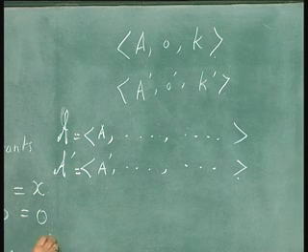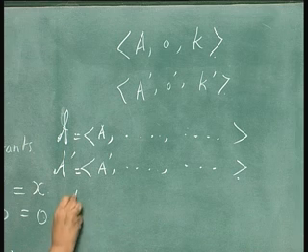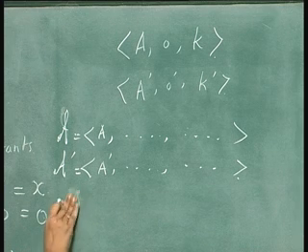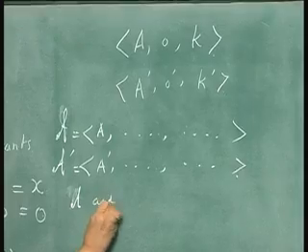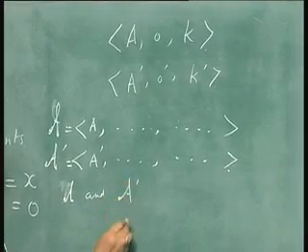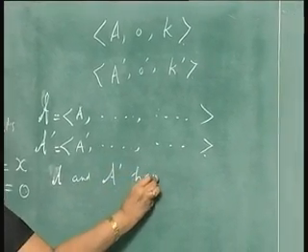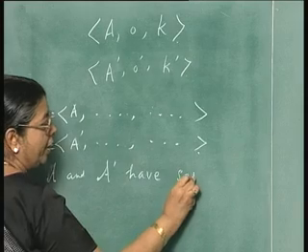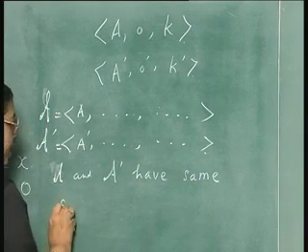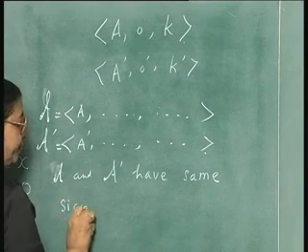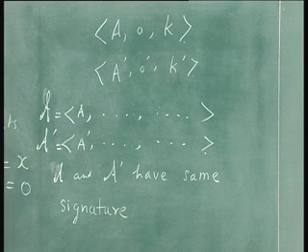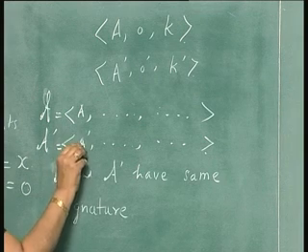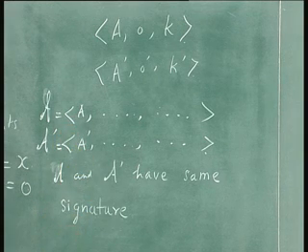Now, the algebras A and A dash have the same signature. When do you say this same signature? When you have one underlying set, that is okay.